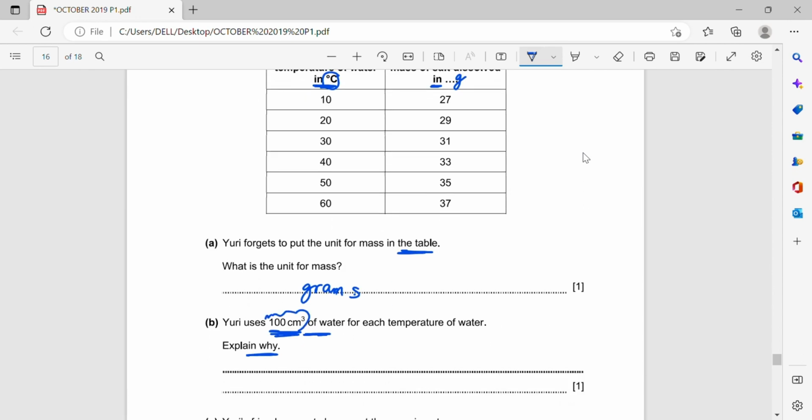Why? Great, to make the experiment a fair test. I can't use different volumes and make a comparison. So I should use the same volume of water in all the experiments, to make the experiment fair.